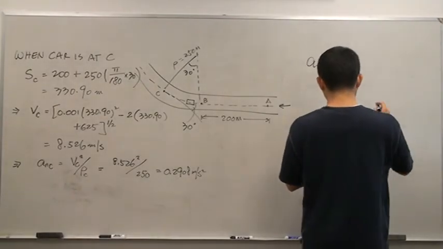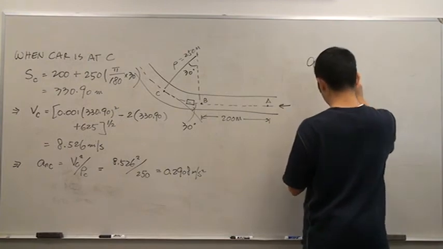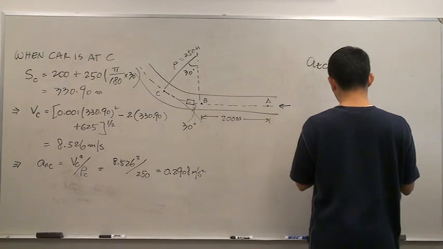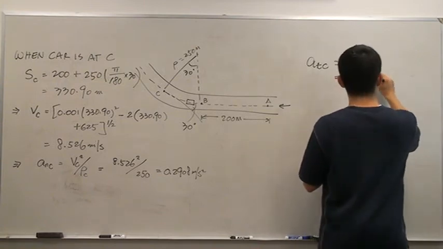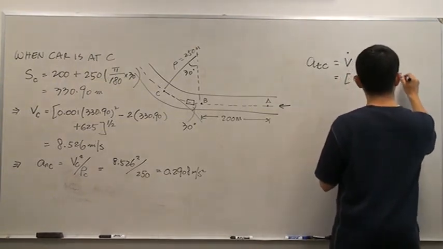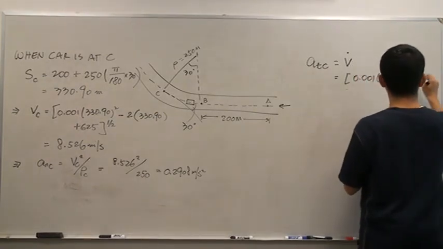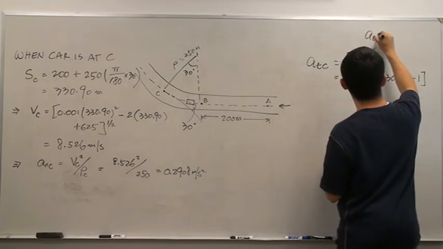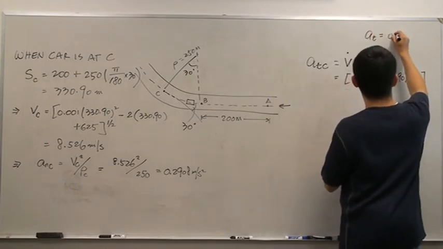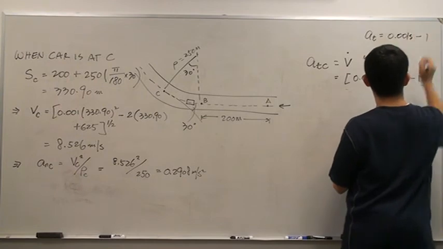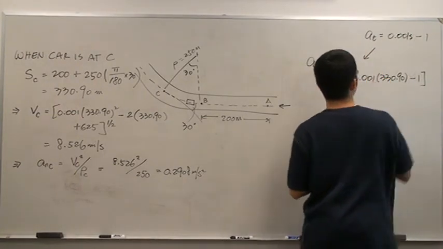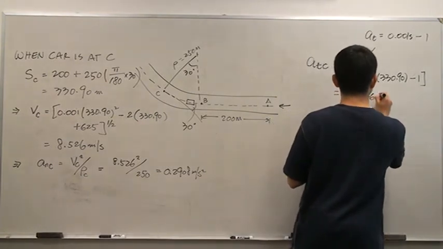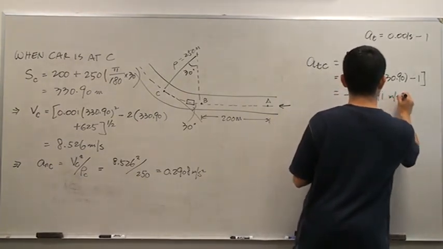And what you get is 0.001 times 330.9, minus 1. Okay, this is actually given to you. As you remember, this was AT equal to 0.001 s minus 1. Actually, it was given to you. And what you have here is minus 0.6691 meters per second squared.